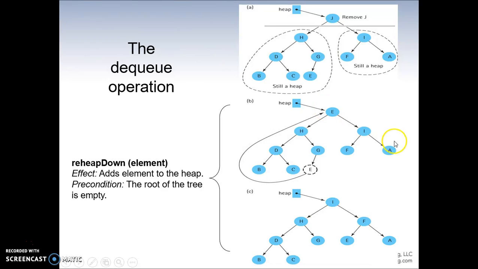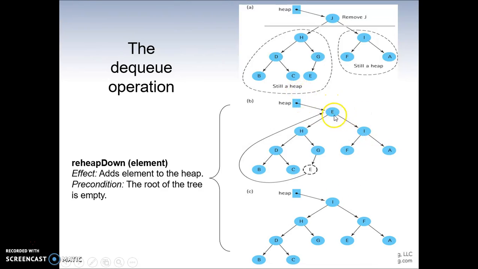So I goes up, and then E is compared to F. Again, why do we pick I? Because I is greater than H. You can't swap E and H, because if H goes up, then it breaks the order property. So that's why we have to compare H and I, to see who is greater. I is greater, that's why I goes up.